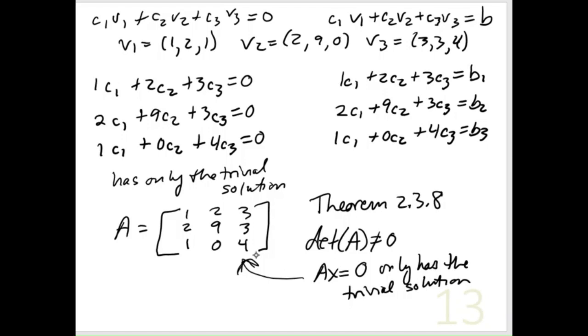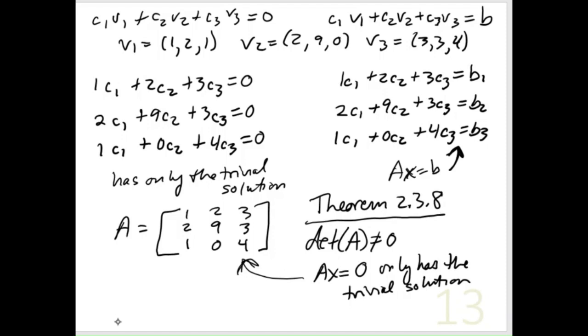And you would also know by this theorem 2.3.8 that if the determinant of A does not equal 0, then AX equals B has a solution for every B, which would help satisfy this side. So really, it's going to come down to picking a few parts of this theorem 2.3.8 very strategically to help you prove both of these.